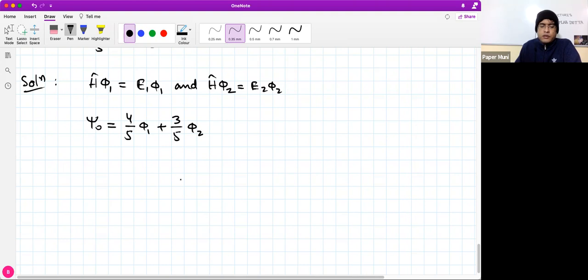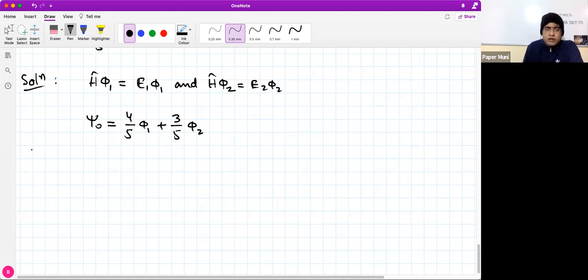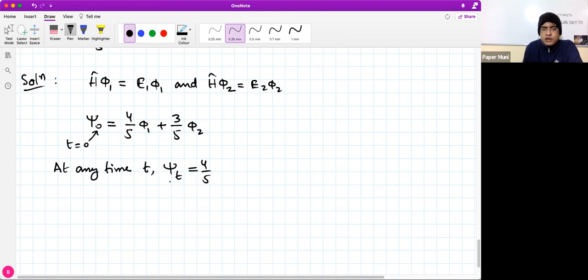Now, if we write down the wave function at any time t, psi t will be 4 by 5. They have used a notation here which represents t equal to 0, so I use this notation for t equal to t.